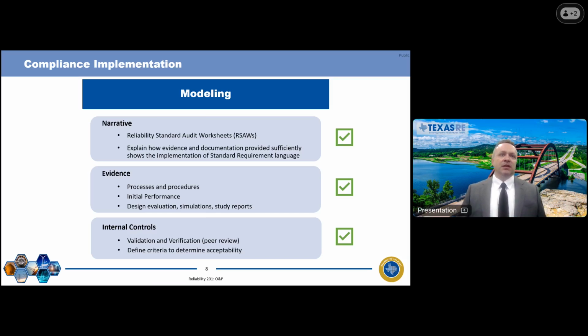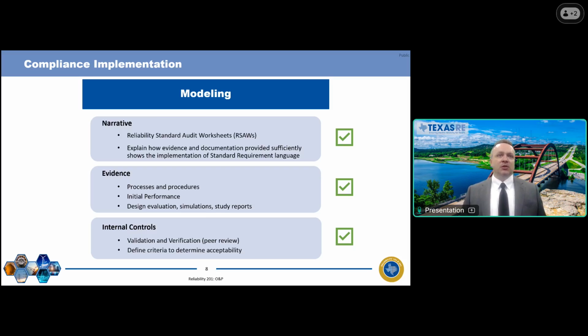And finally, looking at evidence and internal controls, what are some things that you can do to ensure that you're compliant with these standard requirements? Well, your processes and procedures, your initial performance, if applicable, your design, evaluation, simulations, and study reports. So the Compliance Enforcement Authority will seek to establish that you have a process and the steps were followed within the required time frame.